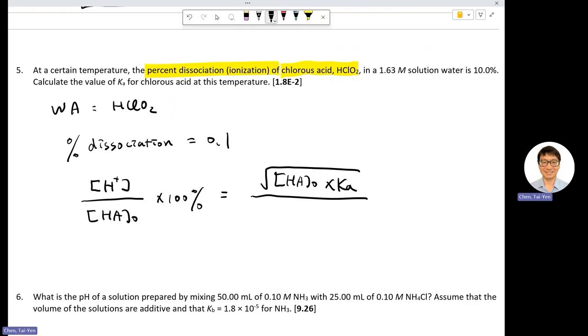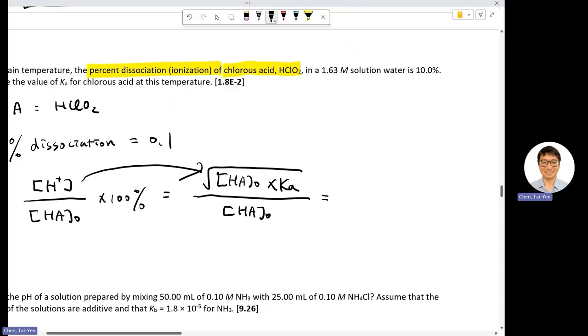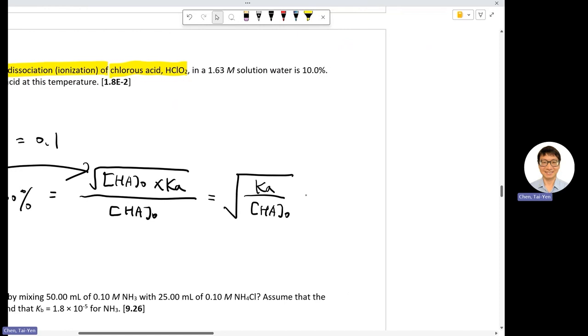And at the denominator, you still have your HA naught. So this is going to equal the square root of Ka on the top, HA naught at the bottom. And this whole thing equals 0.1.